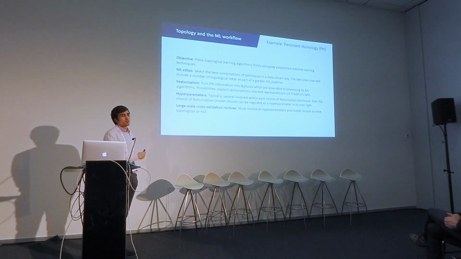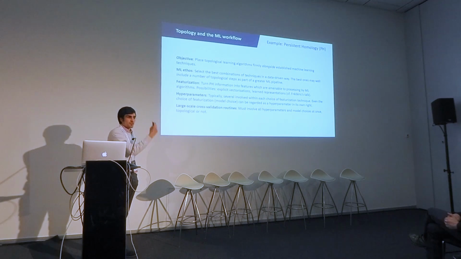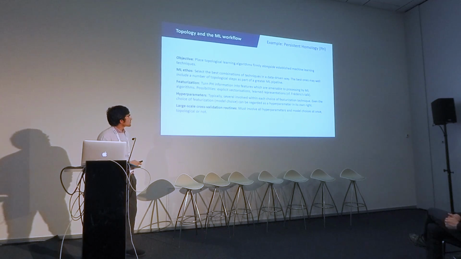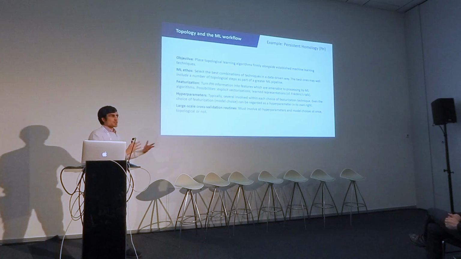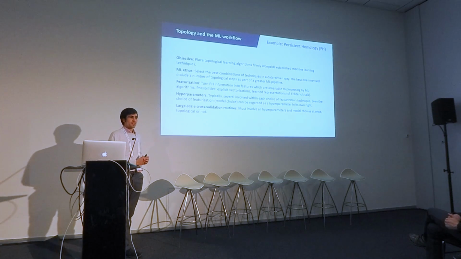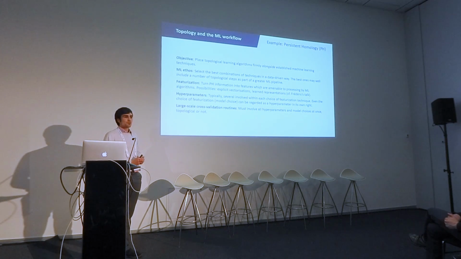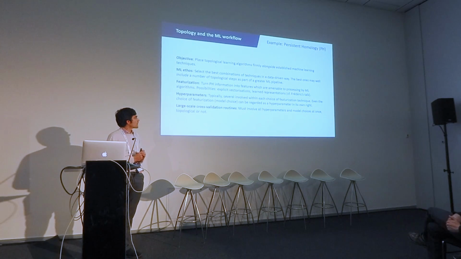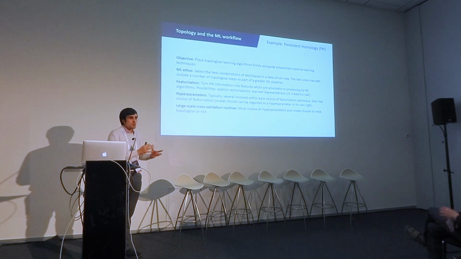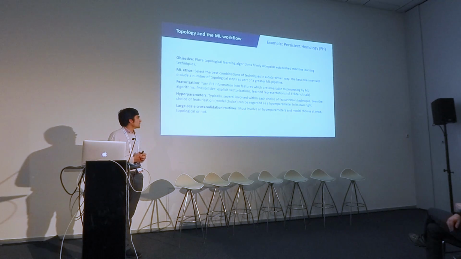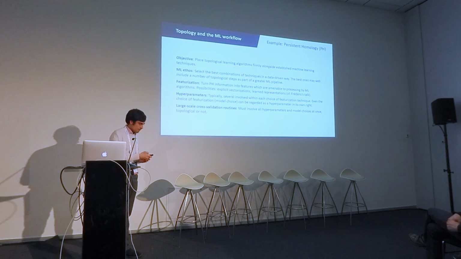Even choices of featureization methods are sort of higher order hyperparameters. So all of this must be put in the typical large-scale cross-validation routines that data analysts use. Topology needs to be part of this and needs to be tuned as a part of the whole.